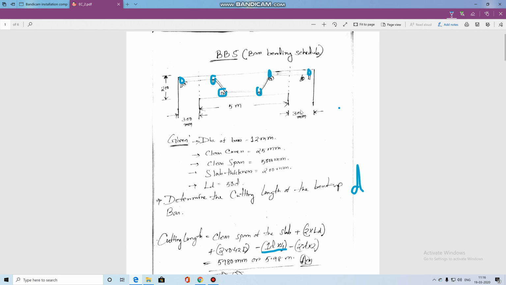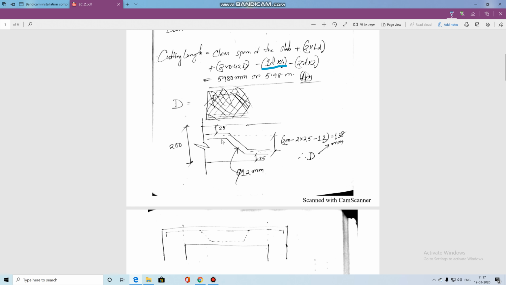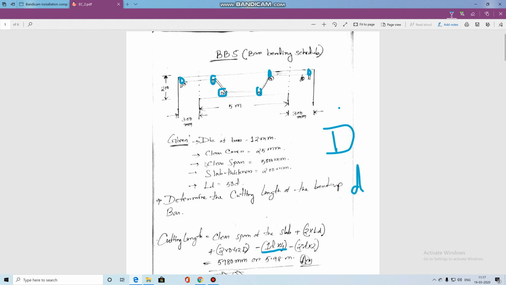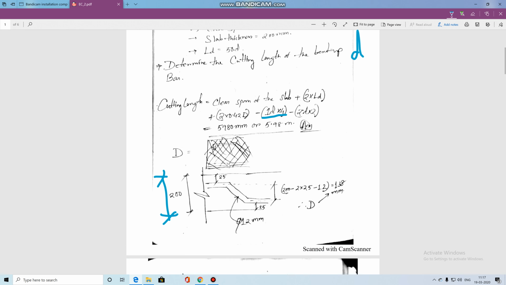And whatever I already told, the capital D is already shown over here. Capital D is nothing but the center to center distance between the top reinforcement and the bottom reinforcement. Look here, it is 200, the depth of the beam, and the cover, the 25 value, here is a 25, this is clear cover. There are two types of covers.